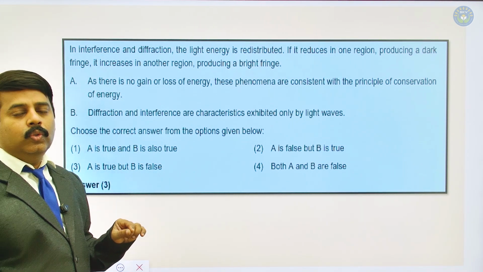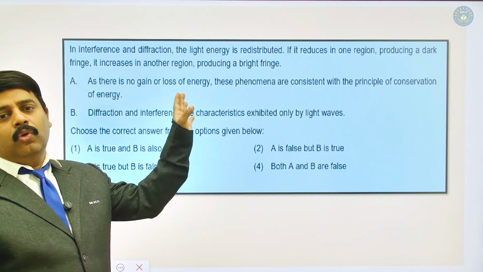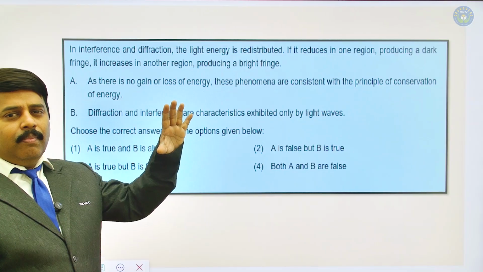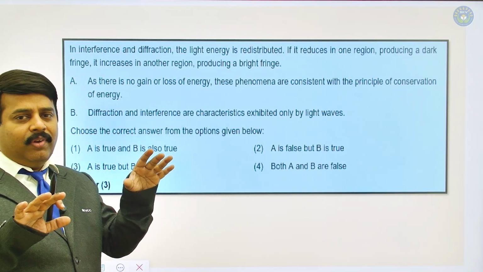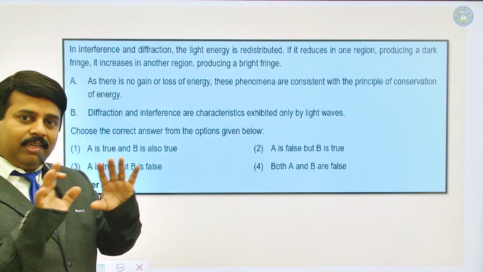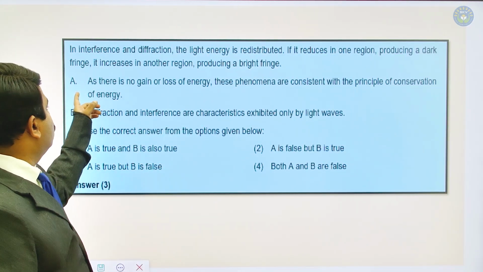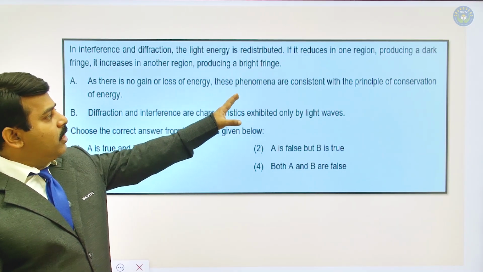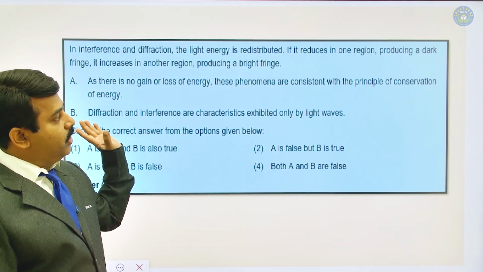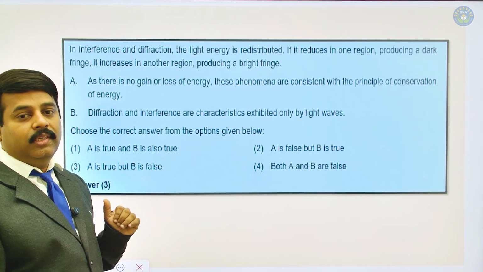See, you know, in diffraction and interference patterns, the fringes are distributed on either side of the screen, but the intensity difference doesn't mean there is a violation of conservation of energy. That is redistribution only. We already discussed it in class, right? So as there is no energy loss, the phenomenon is consistent with the principle of conservation of energy. The redistribution only is happening.